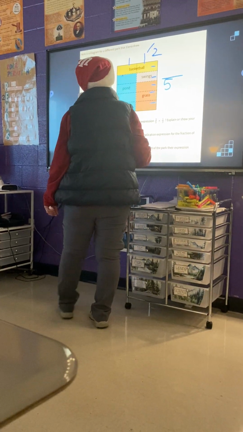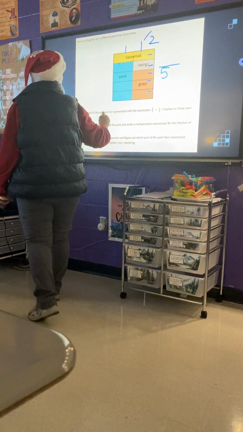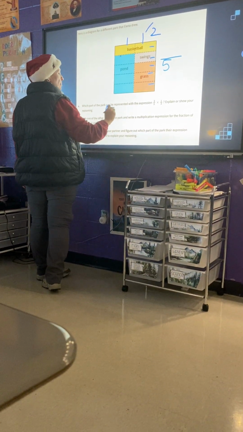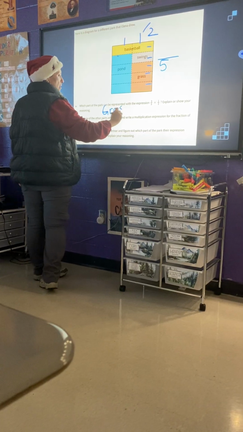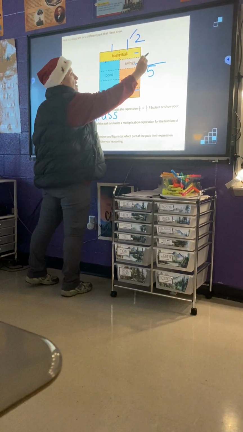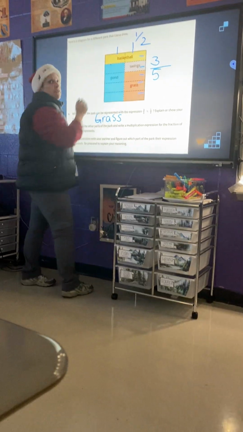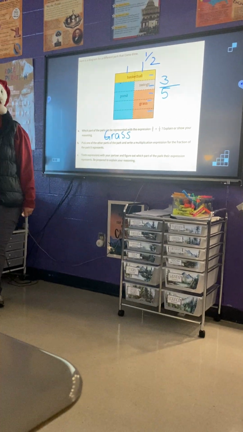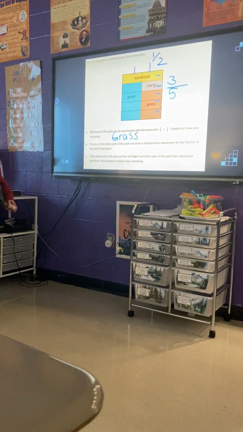Garrett is correct, good job. So the grass is what can be represented by 3/5 times 1/2. Okay? 3/5 times 1/2.